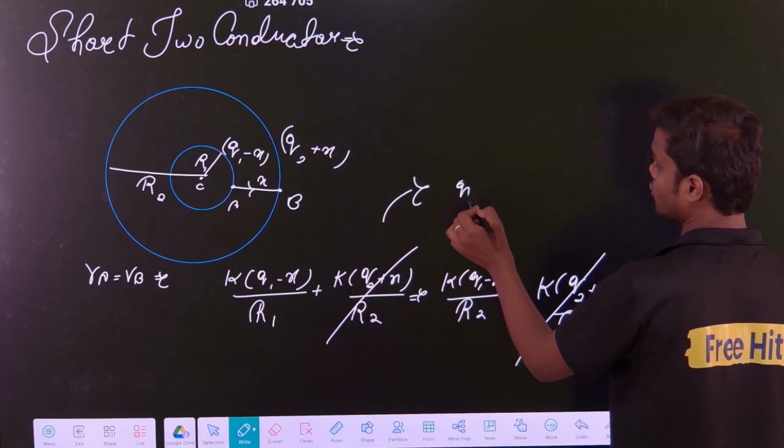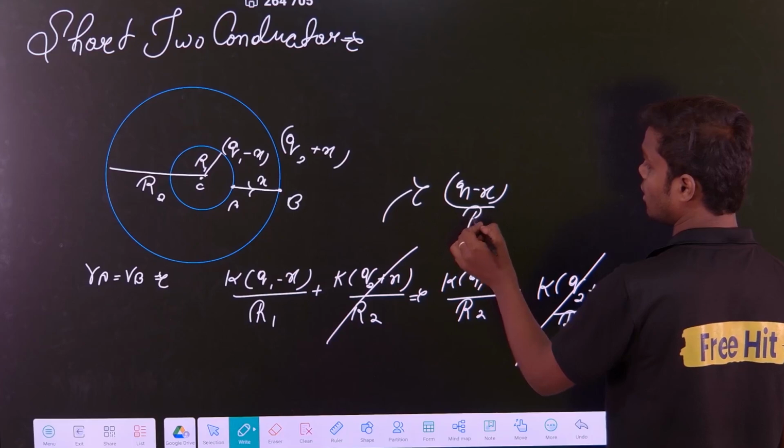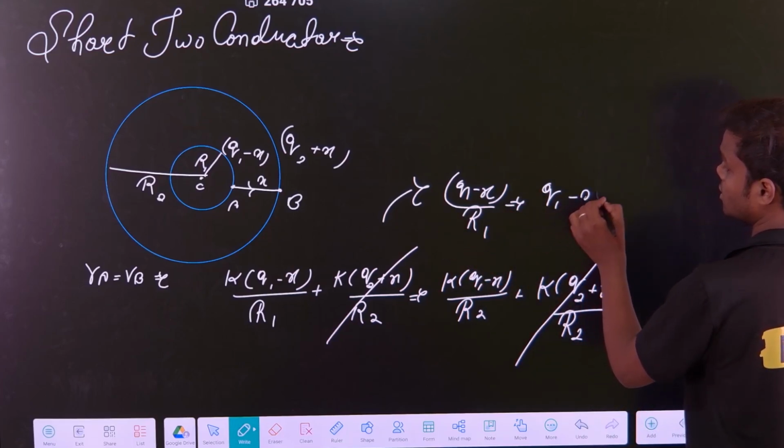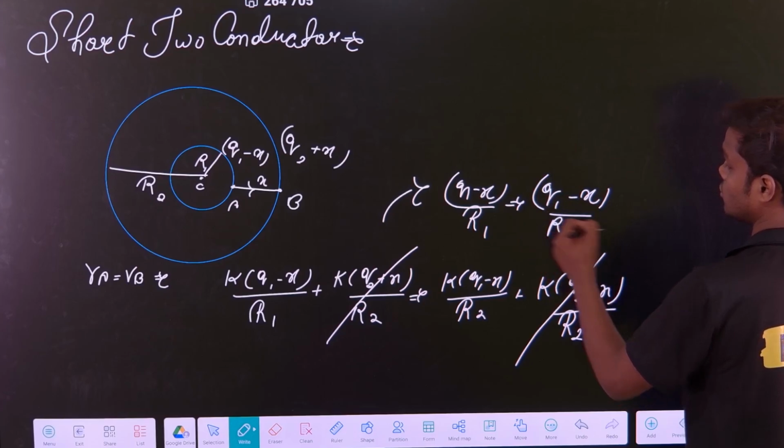So you will get (Q1 minus X) by R1 is equal to (Q1 minus X) by R2. Just multiply it.